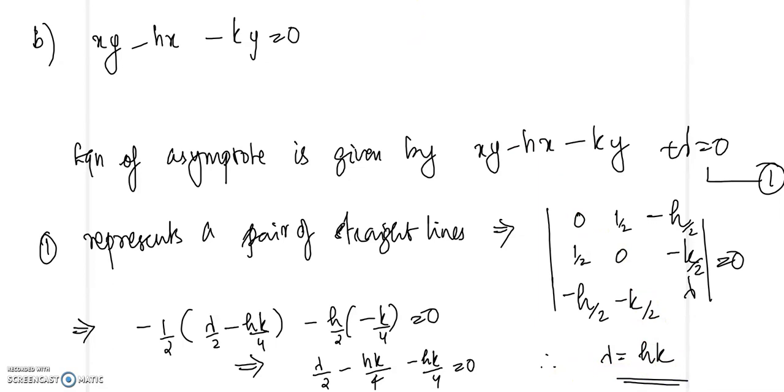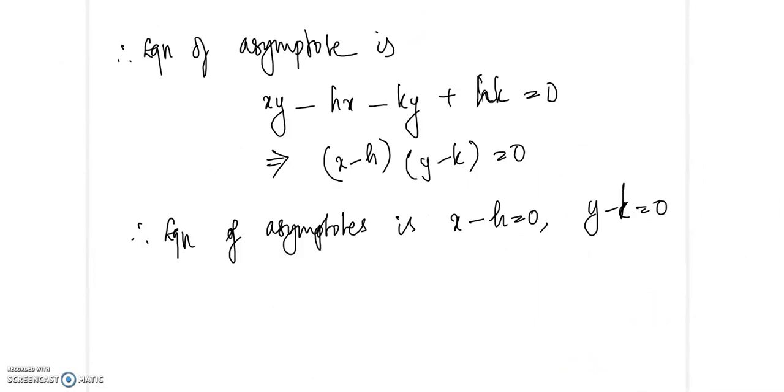So now we can write the equation of the asymptotes: xy minus hx minus ky plus hk equal to 0. Now this can be written as a product, x minus h into y minus k. So here the asymptotes will be x minus h equal to 0 and y minus k equal to 0.